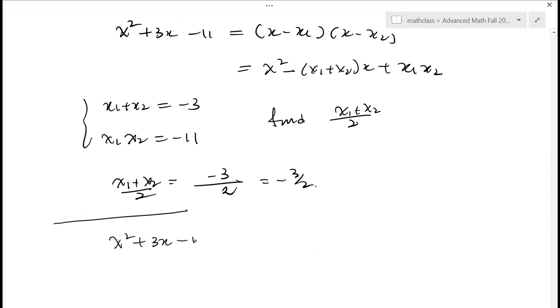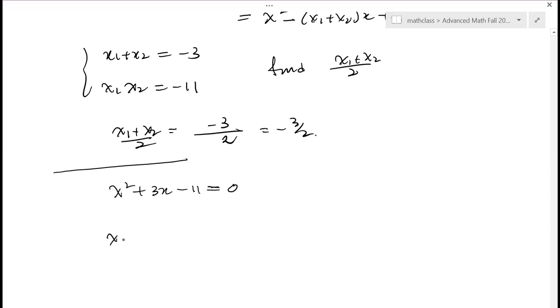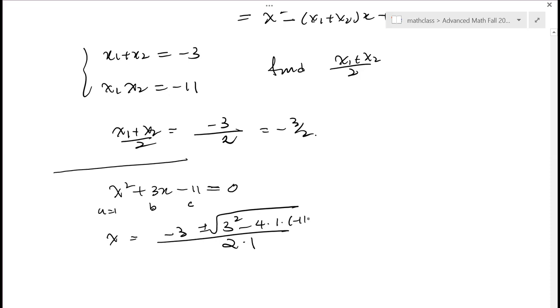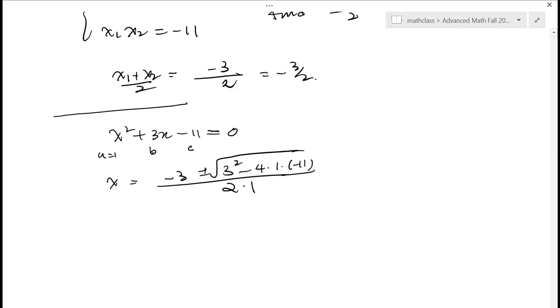Okay, if we want to find them, it will be complicated. I'll show you. Let's use the quadratic formula. So this is b, that's c, right? And a is going to be 1. So x equals negative b plus or minus the square root of b squared minus 4ac, over 2a.